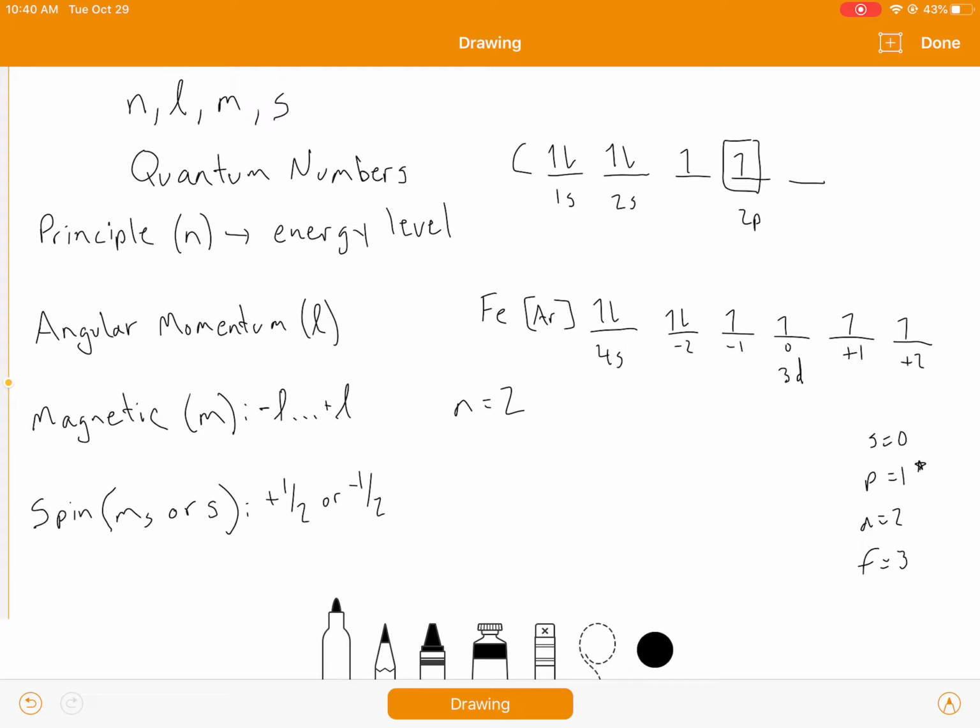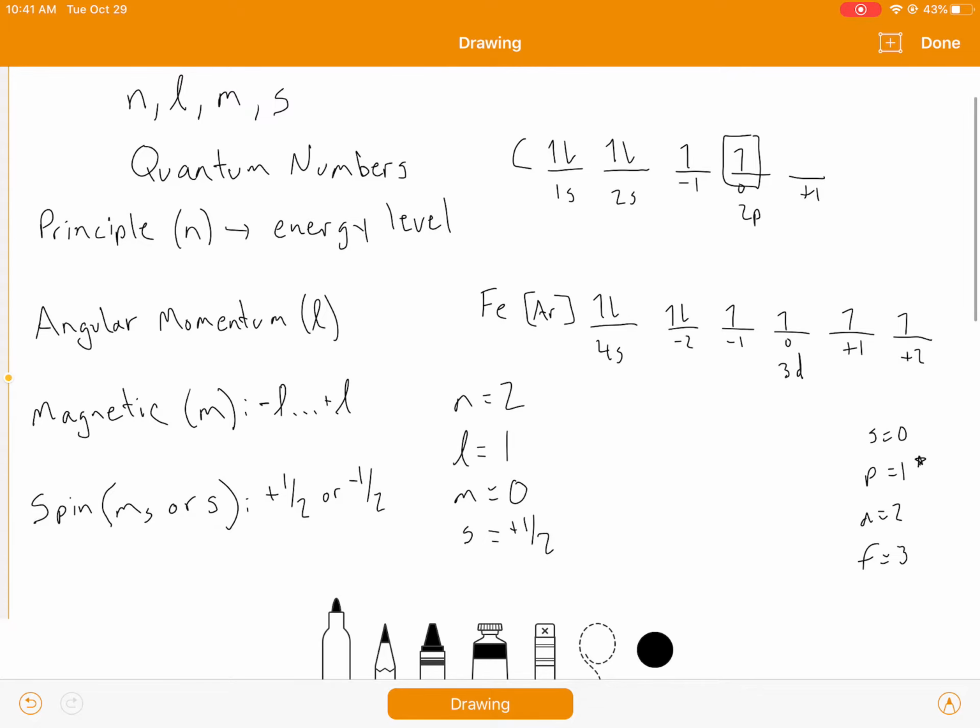Down here it says p is a 1, so the l number is equal to 1. Then for the magnetic, we go from -1 to +1, so this would be -1, 0, +1. You'll notice it is in the 0 section, so the magnetic number is 0. And then the spin is +1/2 or -1/2. Well, it's the up arrow, so the spin is equal to +1/2. So if I were to write this as the address, you would say 2, 1, 0, +1/2. And that would be the answer.